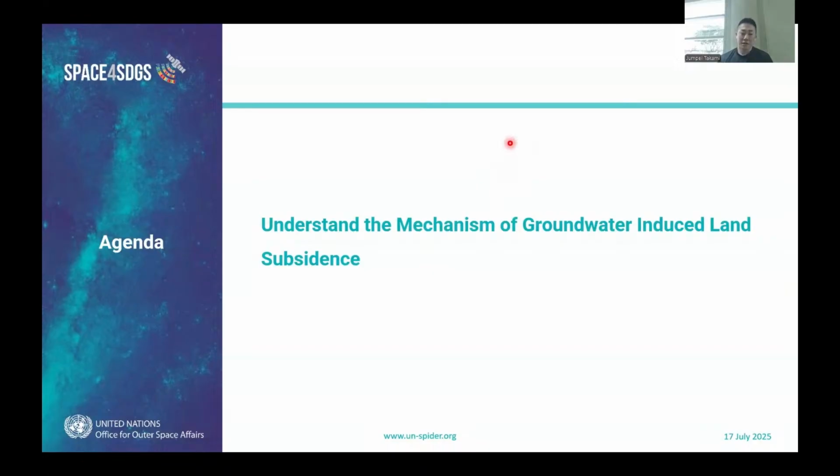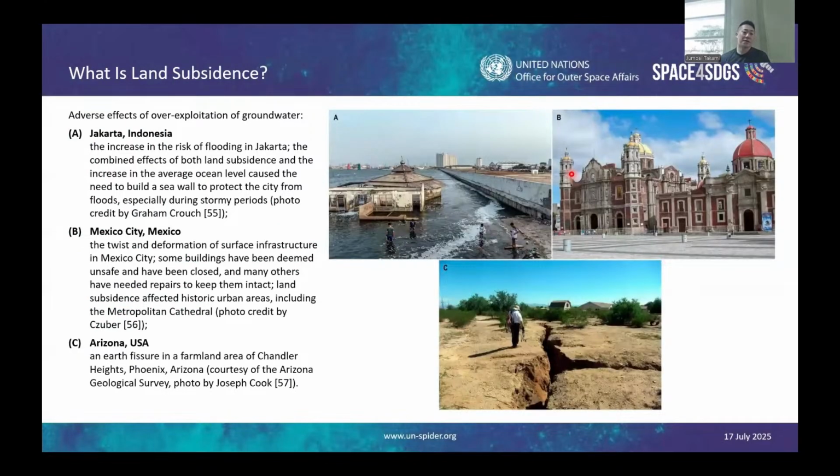Okay, so the next session is to understand the mechanism of groundwater-induced land subsidence. So what is land subsidence? Maybe some of you might be familiar with this topic. Land subsidence is a worldwide, severe, significant issue.